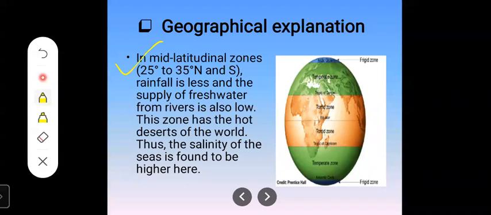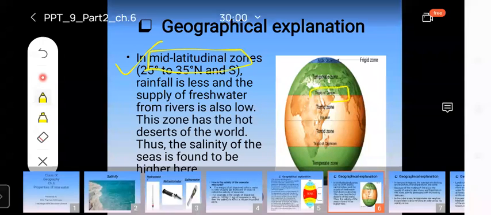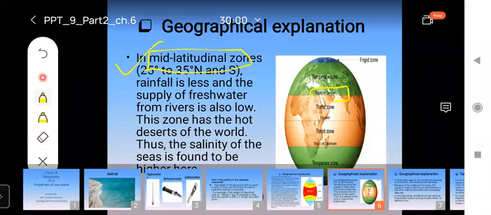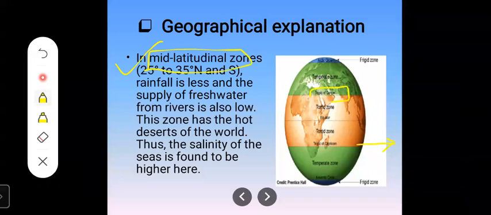Here they have said mid latitudinal zone, so what is it? First we'll understand this. Mid latitudinal zone means, here you can see the Tropic of Cancer, students.